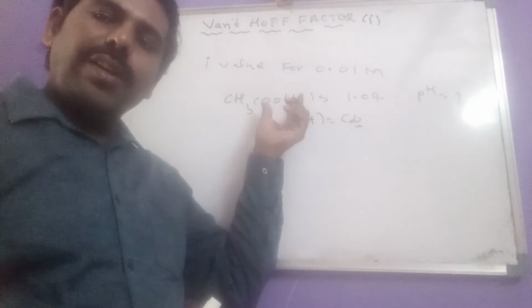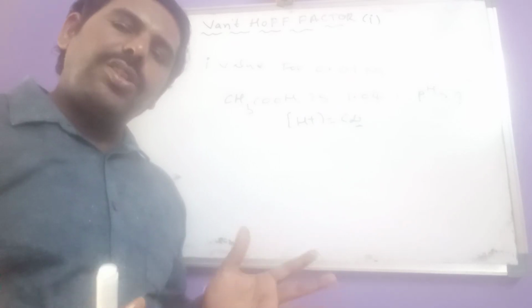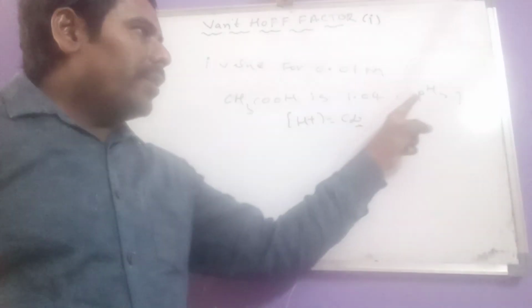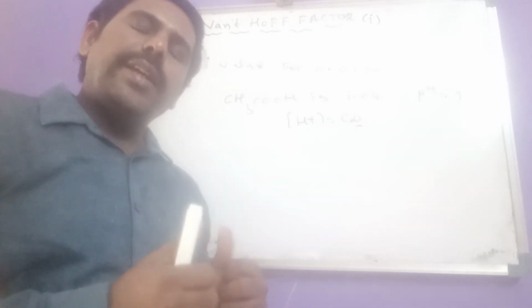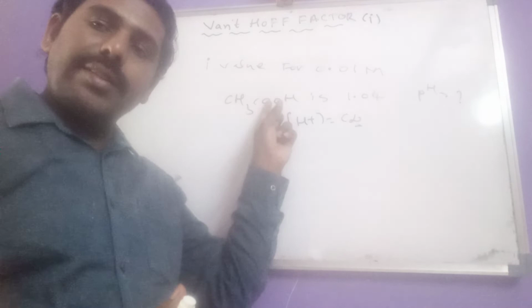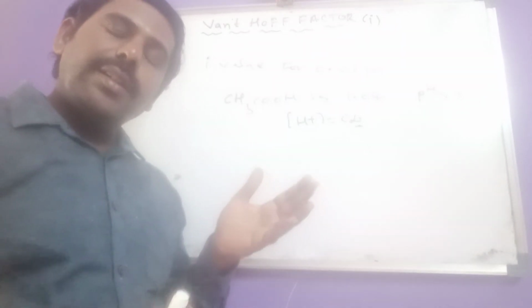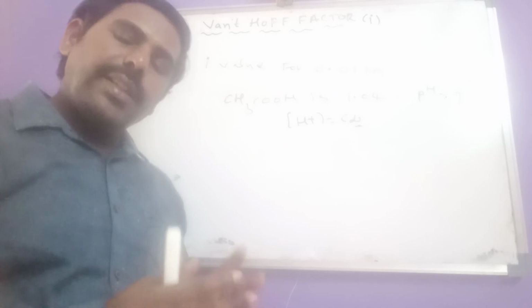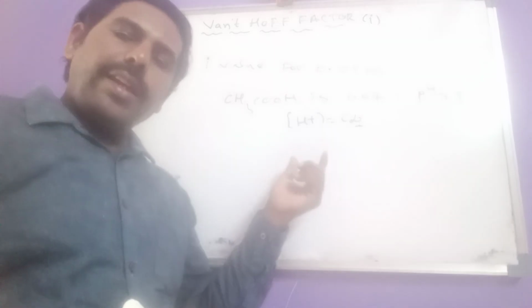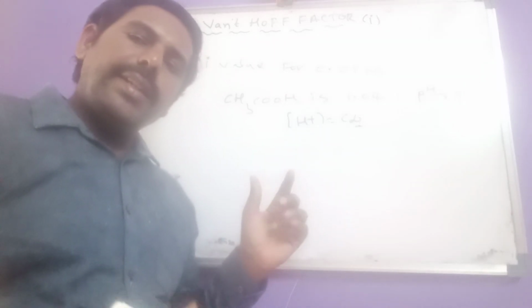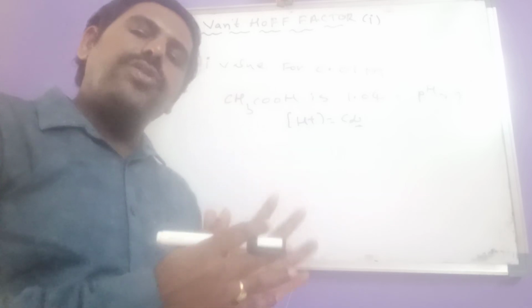Sir, but this actually undergoes association, you may think. But the question says calculate the pH, which means H plus ions are produced in the solution. Then tell me, when will H plus ions be produced? Only when acetic acid dissociates. So that's why we have to consider acetic acid as undergoing dissociation.